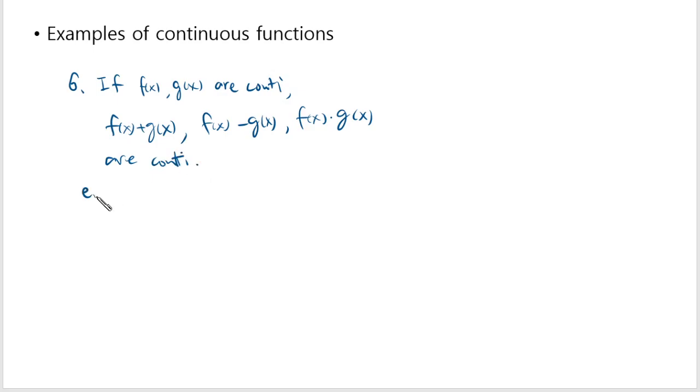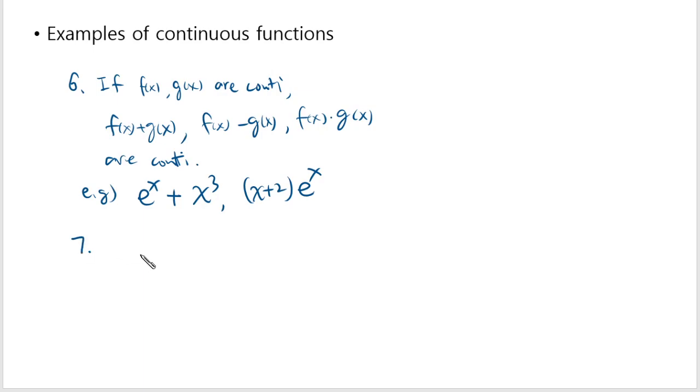As an example, you might have e to the x. We learned that exponential functions are continuous. And you can add to this a polynomial, and that's continuous, right? Or you can multiply x plus 2, which is a continuous function because it's a polynomial, times, again, e to the x. That would be another example of a continuous function.